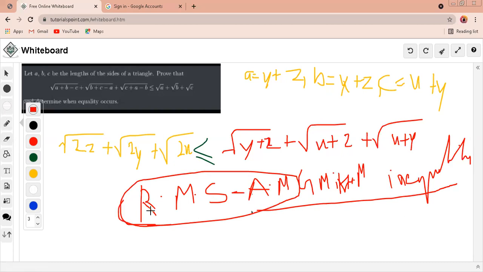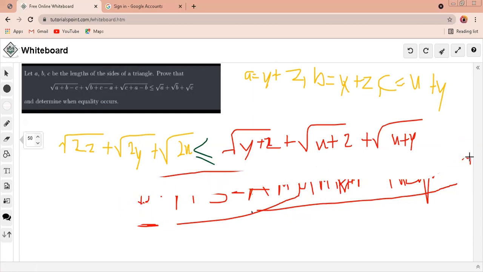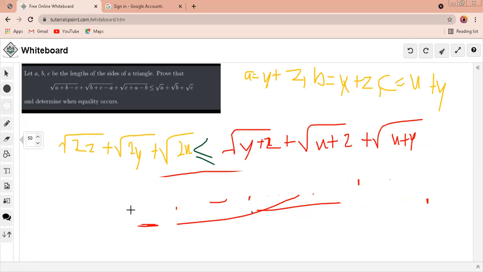So let me write the statement of this thing first. What is this RMS-AM inequality?